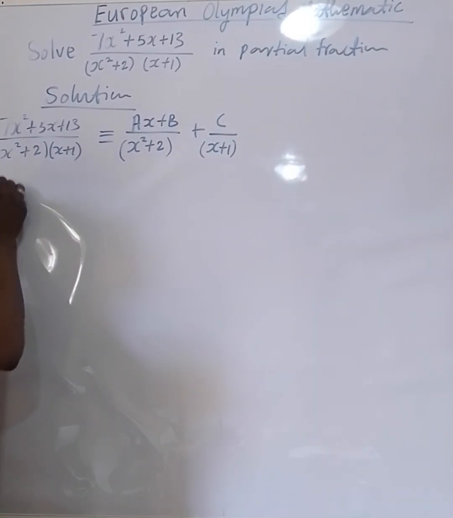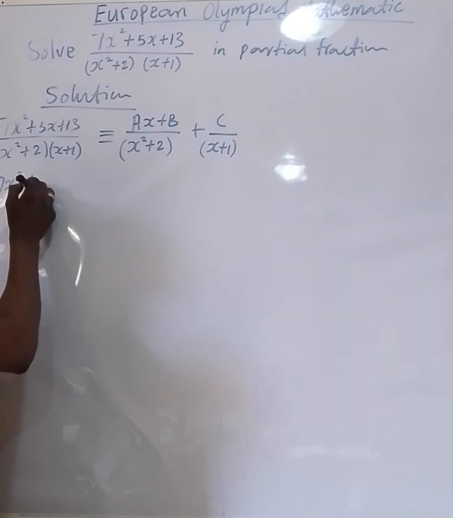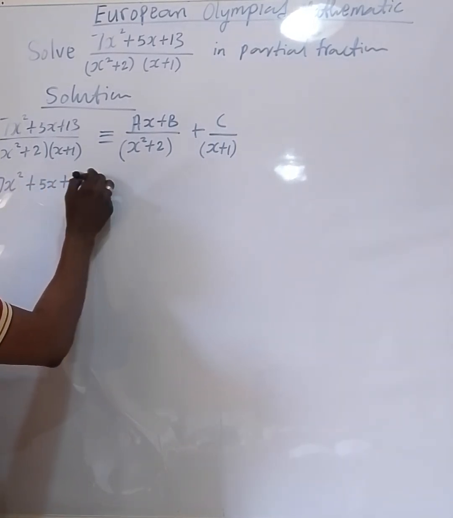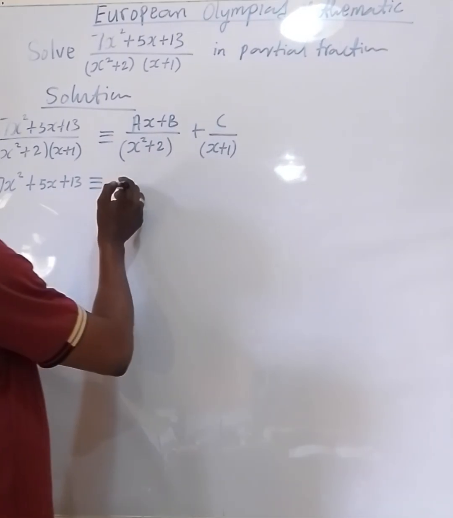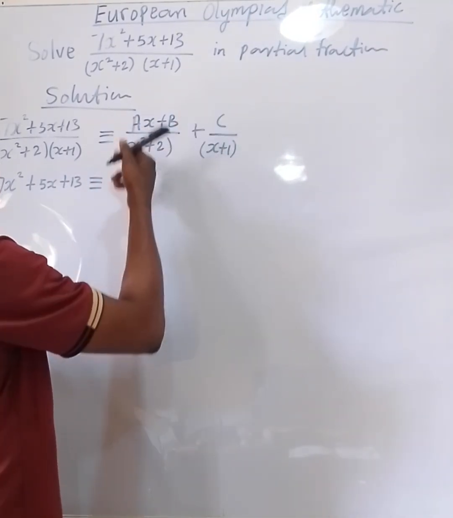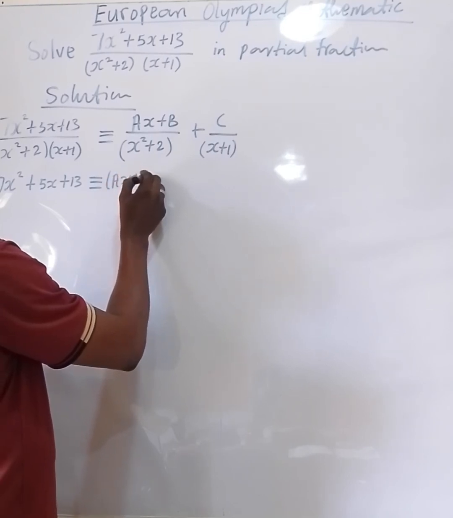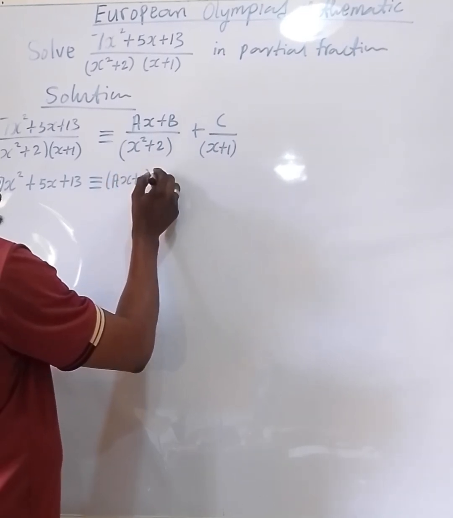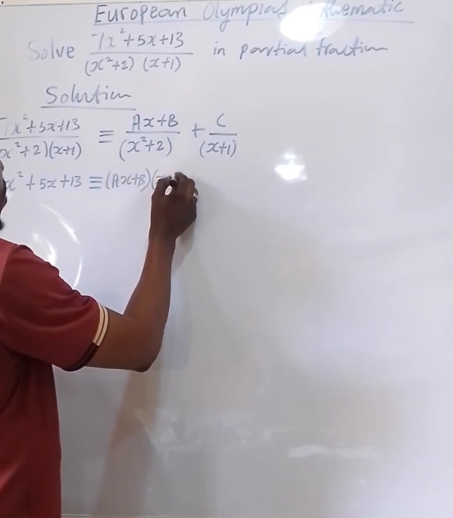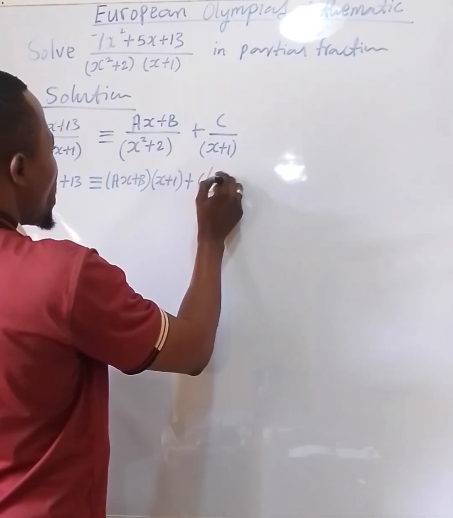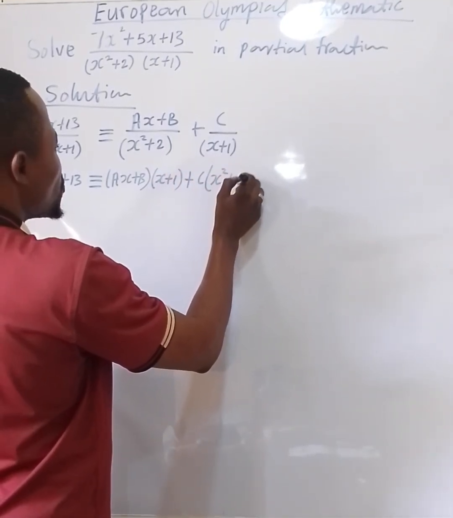It will now be 7x² + 5x + 13 equivalent to, now you multiply it as if you cross multiply. So we have (ax + b)(x + 1) + c(x² + 2).